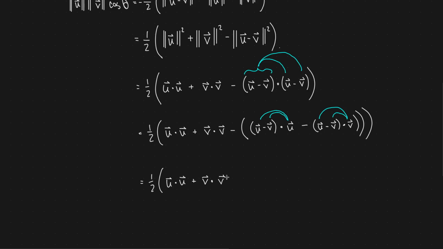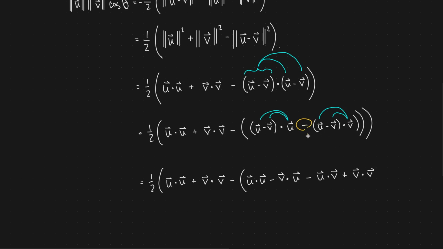And so you really understand all we're doing is we're trying to simplify this right-hand side of this equation that we've made here, so we can maybe find a nicer expression involving that cosine of theta. Okay, and so if I distribute, I get u dot u minus v dot u minus u dot v plus v dot v.